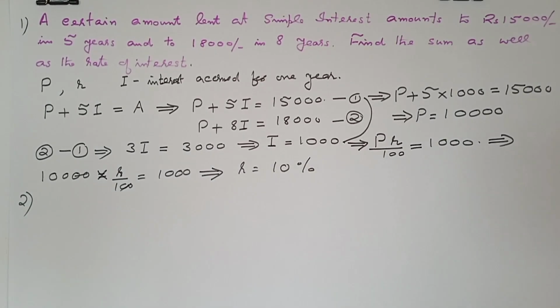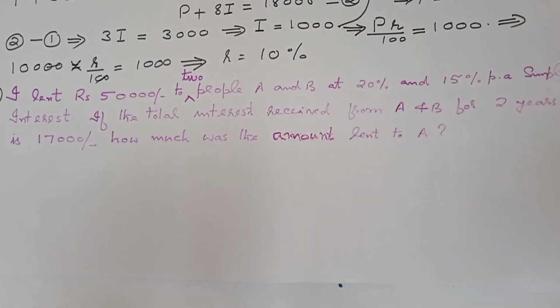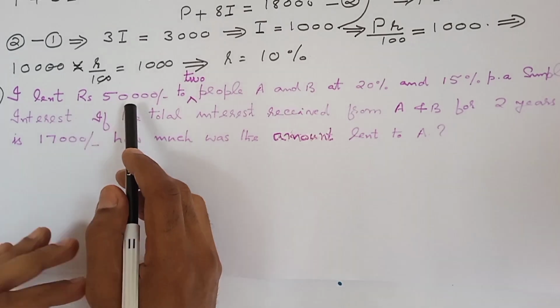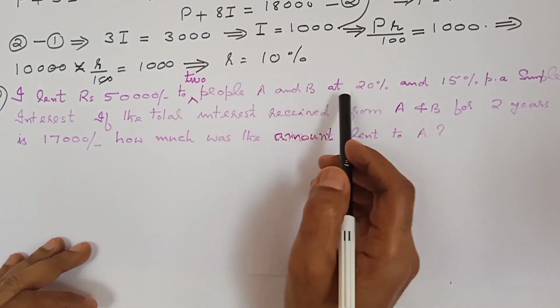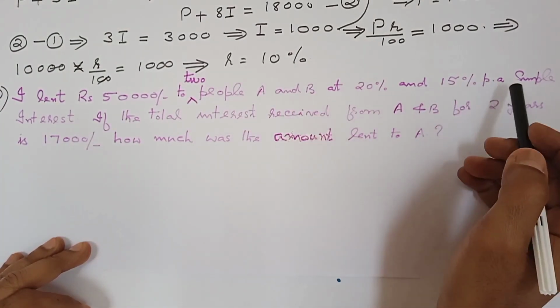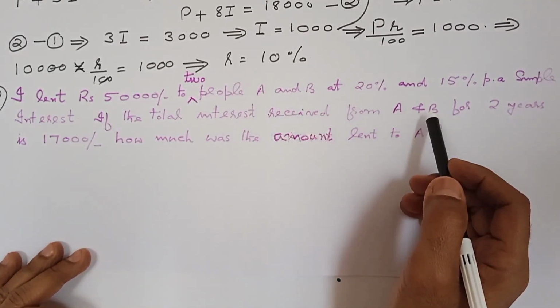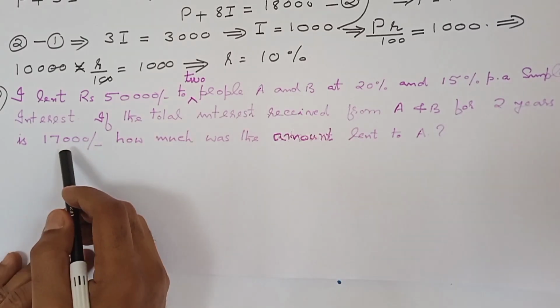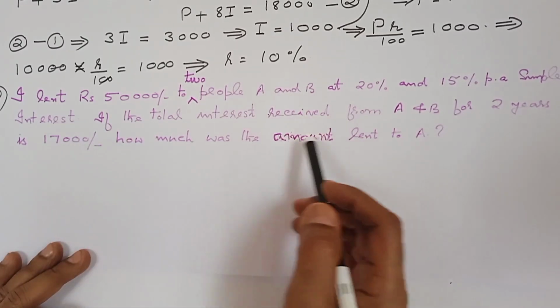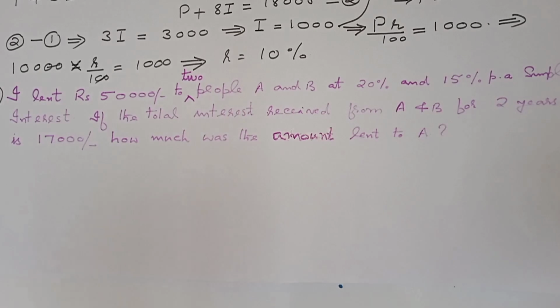Now let's come to the second problem. The second question is this. I lent rupees 50,000 to two people A and B at 20% and 15% per annum, simple interest. If the total interest received from A and B for 2 years is 17,000 rupees, how much was the amount lent to A?